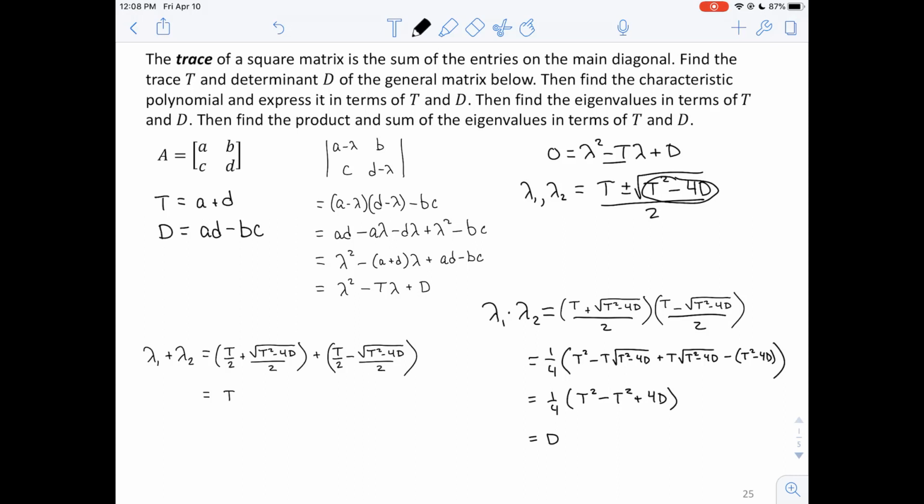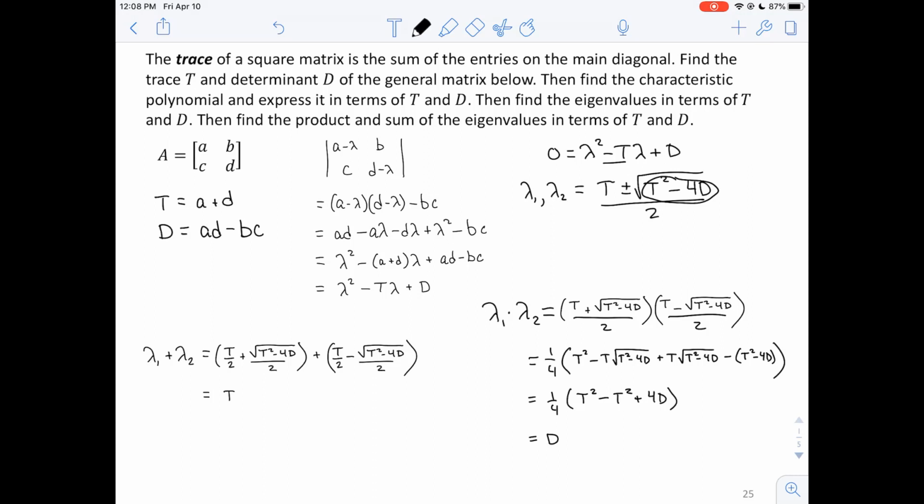If that's positive, then you're going to get two real distinct eigenvalues. So you're going to be looking at either a nodal source, a nodal sink, or a saddle. If t squared minus 4d is negative, you're going to get two non-real eigenvalues, suggesting that either we're going to have a spiral source, a spiral sink, or a center.